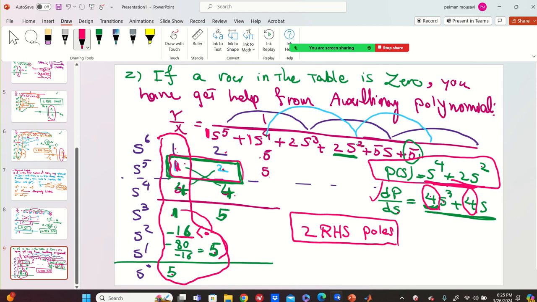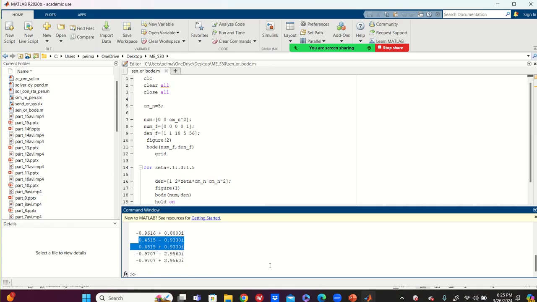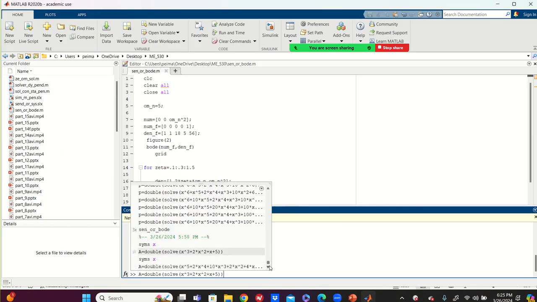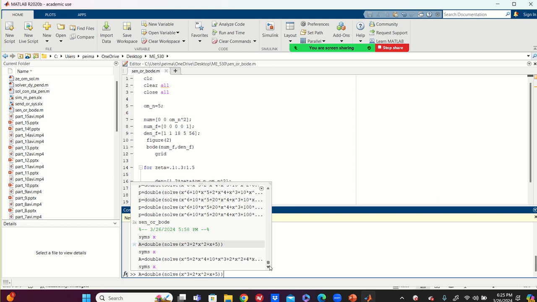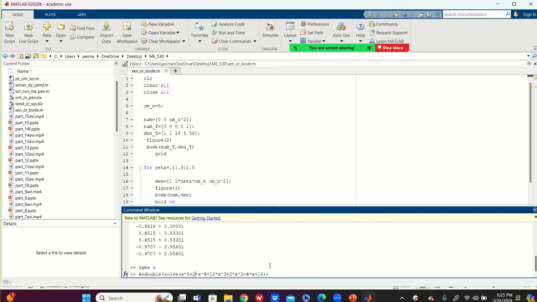So for showing you the proof, let's look at this fifth order system in MATLAB. Can you give me the coefficients? X5. What is X4?